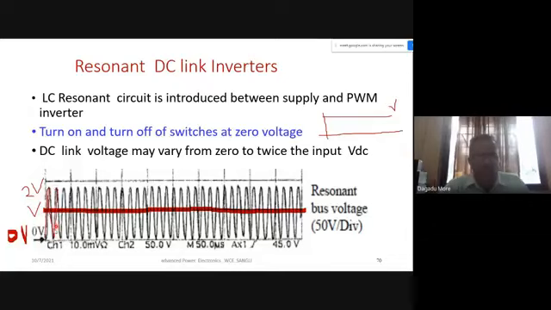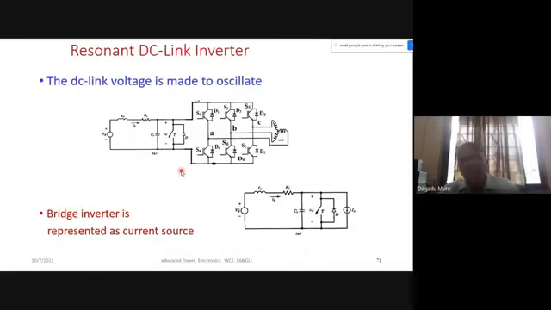We want a resonating circuit, and particularly we require an LC resonant circuit to be introduced between the supply and the PWM inverter. So here, this is our DC voltage. This is the L and C, the required components for resonating the DC link voltage.